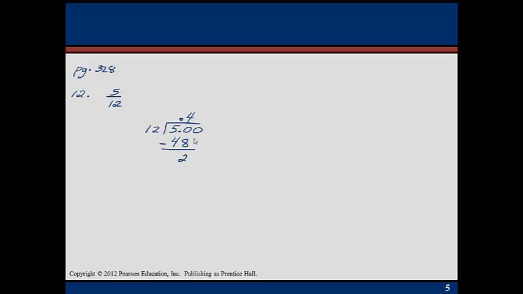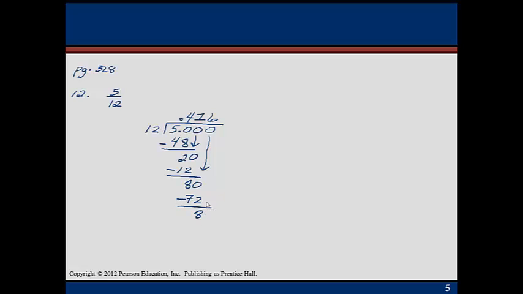And then we drop down an invisible 0, so we really have 20. 12 into 20, well, that's only 1 time. And then 1 times 12 is 12. Subtract, we get 8. Bring down another 0, and we have 80. Well, 12 into 80, that is 6 times. 12 times 6 is 72.